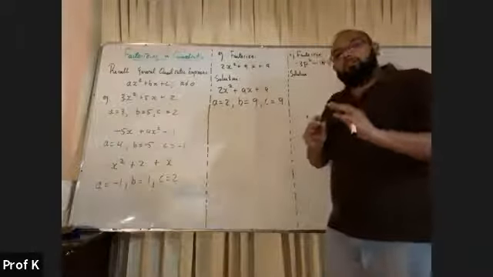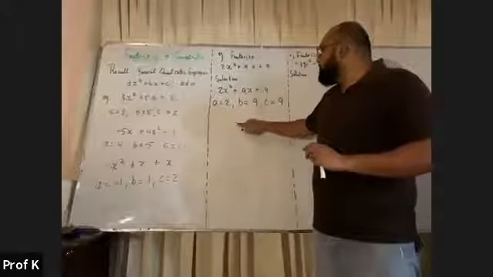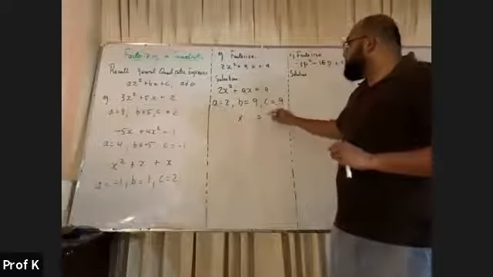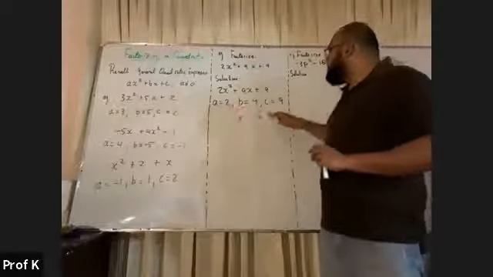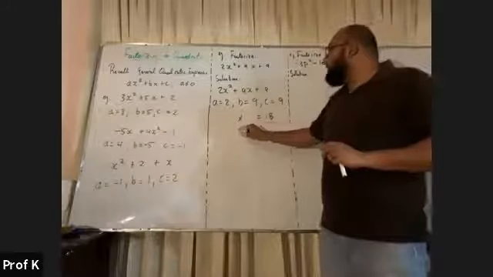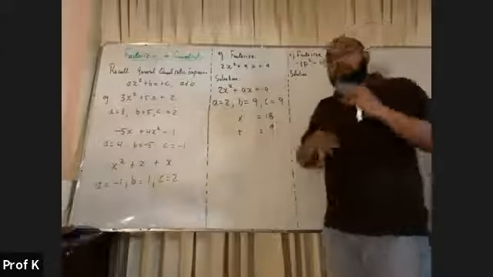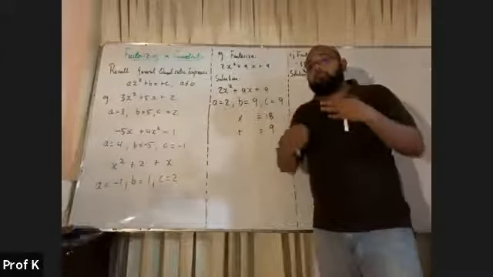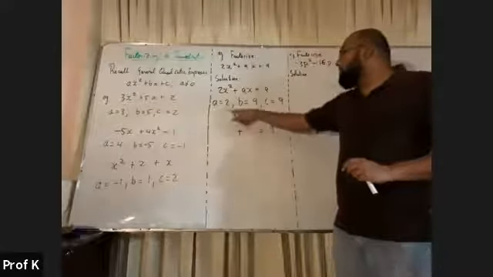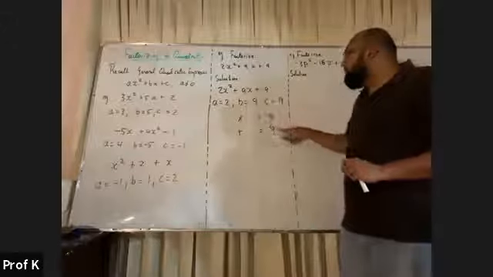Now, the next step is that you are looking for two numbers that, when multiplied, give A by C, which is 2 by 9, which is 18, and when added, give us 9, which is just B. I will also link you to the process and the method, so you can see the written method as well. So again, two numbers that when multiplied give us A by C, which is 18, and when added give us just B alone.